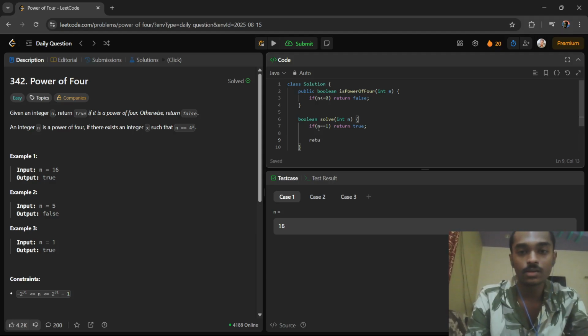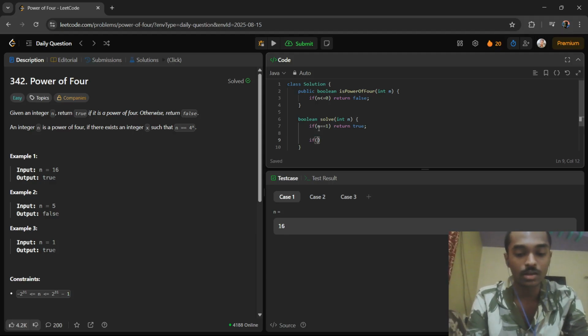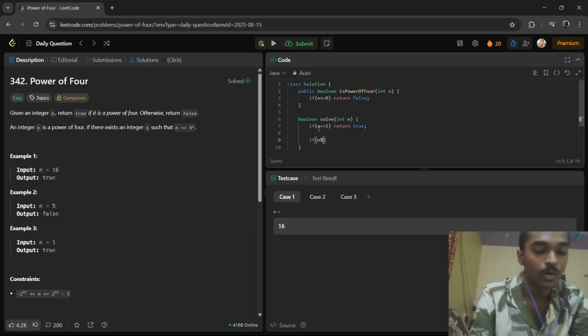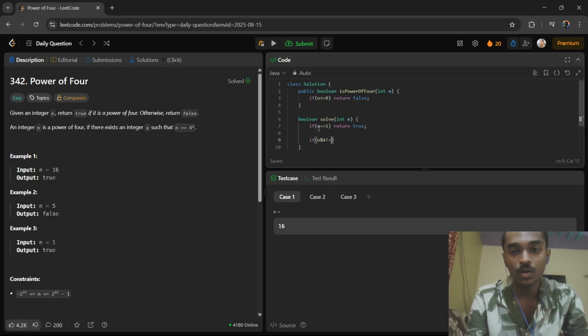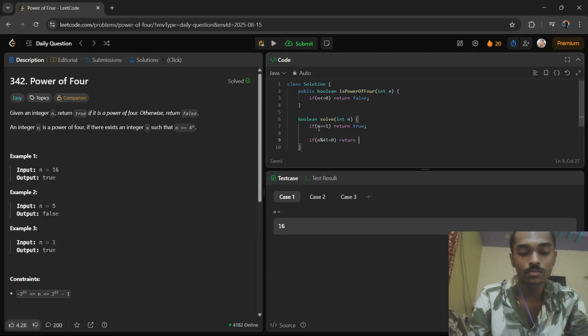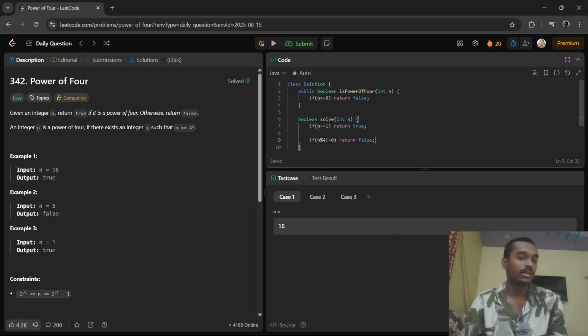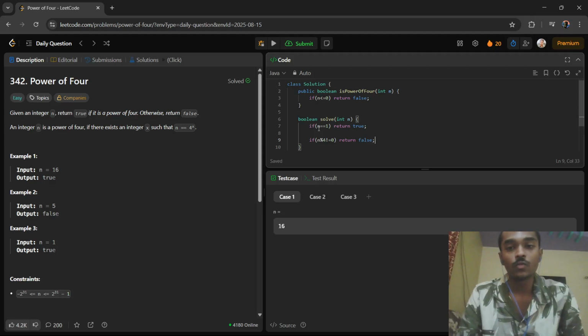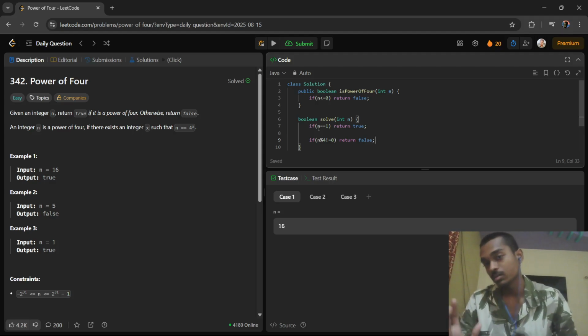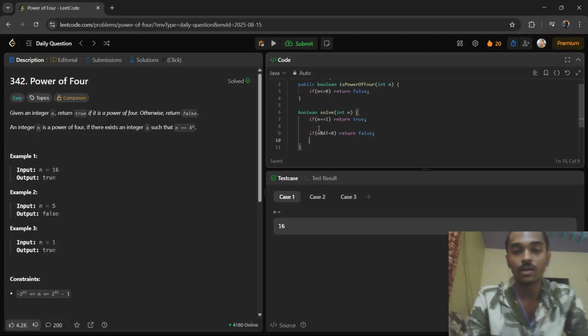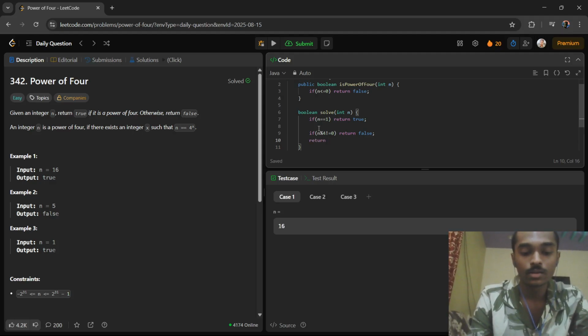Otherwise, at every stage we have to check if the number mod 4 is not equal to 0. If it is not equal to 0, we have to return false, meaning if it is not divisible by 4, then it doesn't become a power of 4. Every time it has to be divisible by 4. Otherwise we can simply return solve for n divided by 4.